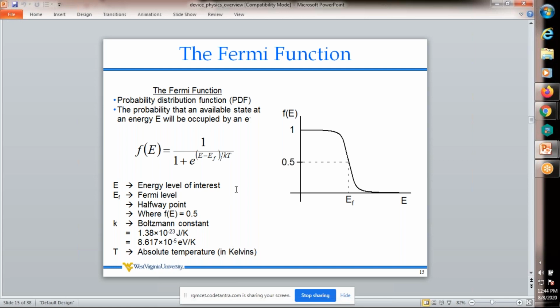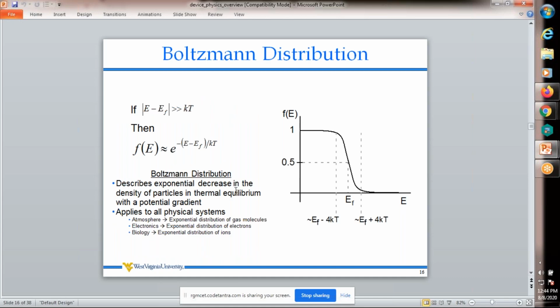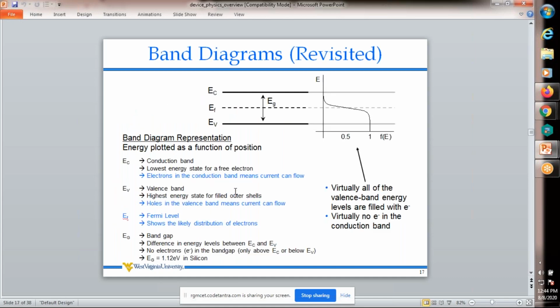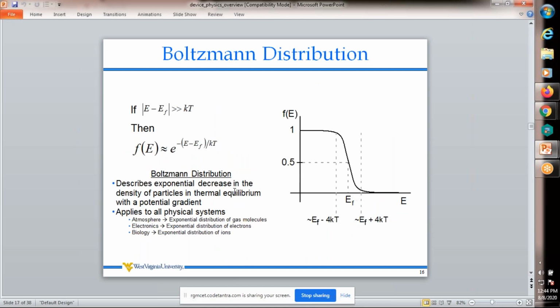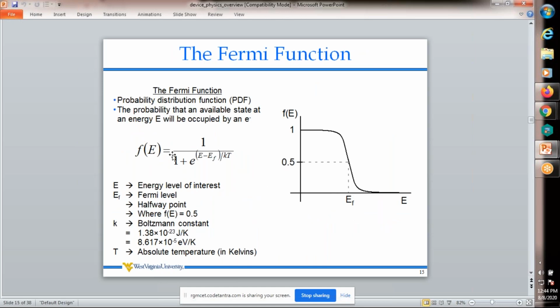What the Fermi level indicates is a 50% probability. At the Fermi level, the Fermi function is equal to 0.5.